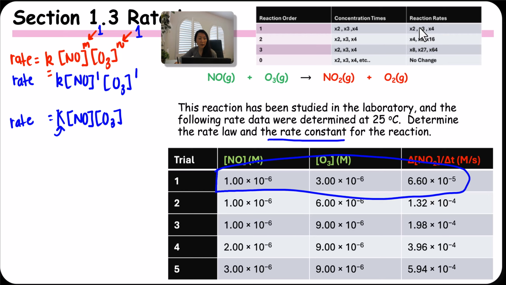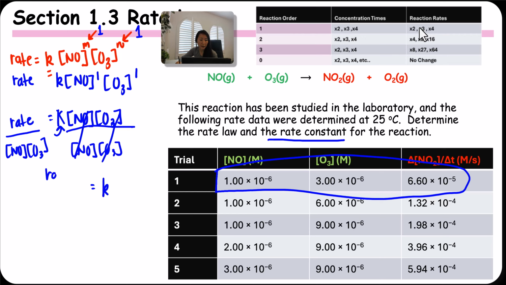So if we want to find k and we want k to be alone, let's divide by the concentration of NO and O3 on both sides. So NO disappears and we have k is equal to the rate divided by the concentration of NO and ozone.